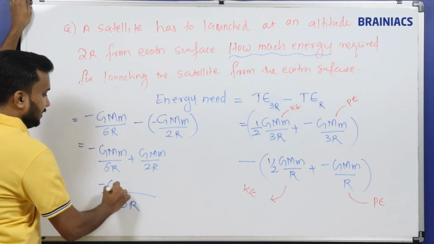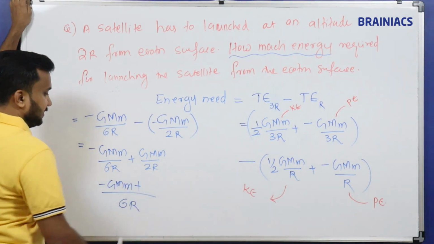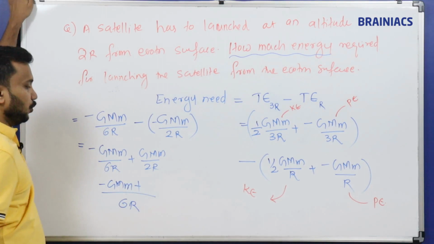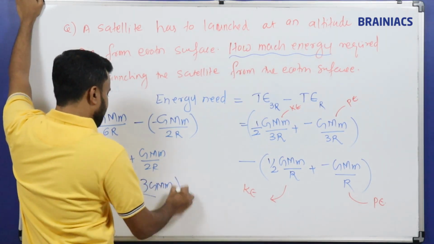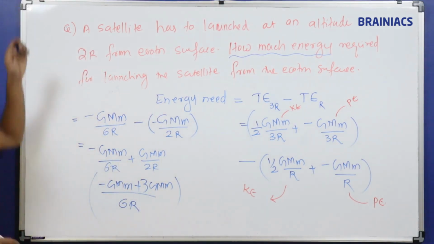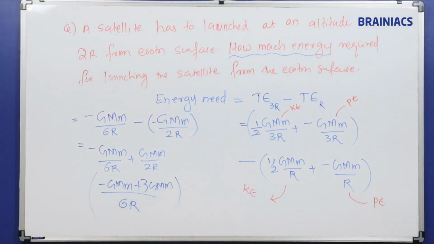With 6r as LCM, it means minus GMm plus, 6r with 2r, 3 into GMm. Am I correct over here? Or if I have made any mistakes. No mistakes, right? Fine. So we got minus GMm by 6r and plus GMm by 2r.